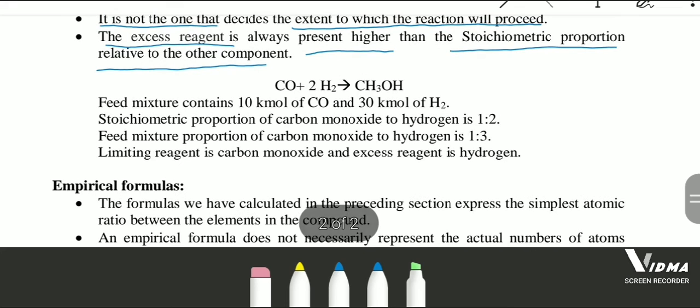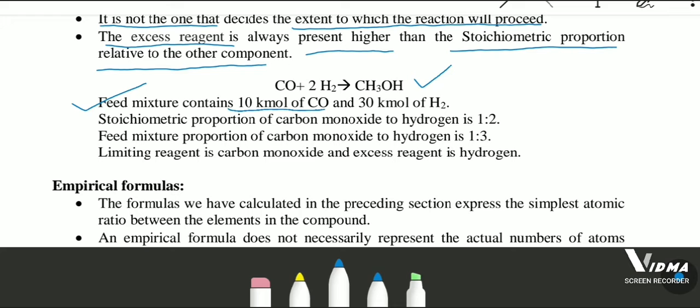Now let's discuss the example. In the synthesis of methanol from carbon monoxide and hydrogen, the feed mixture contains 10 mole of carbon monoxide and 30 kilomole of hydrogen. The stoichiometric proportion will be 1:2. The feed mixture proportion of carbon monoxide to hydrogen is 10 divided by 30, that is equal to 1:3.